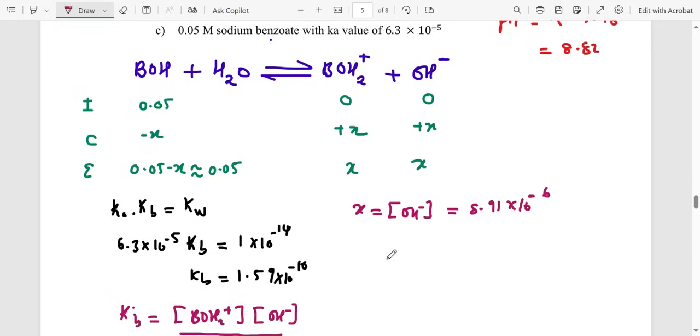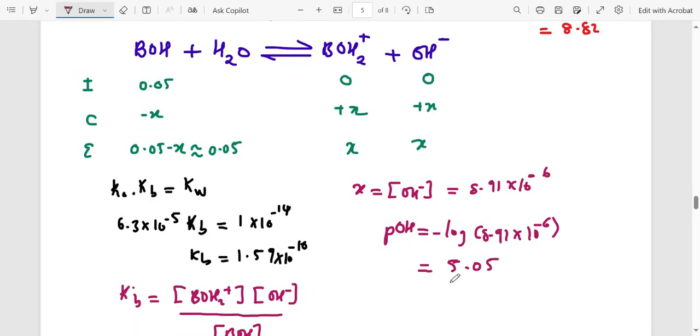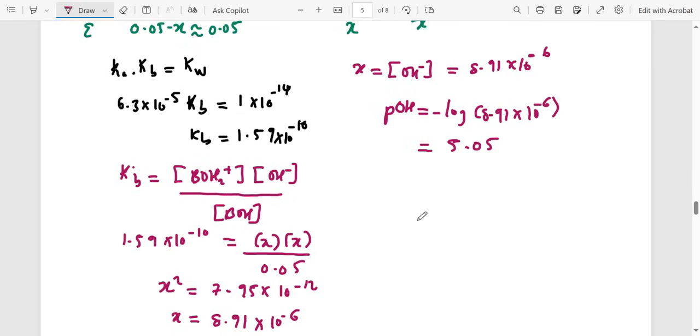Therefore, we are going to calculate the pOH, which is equal to negative log of 8.91 times 10 to the power negative 6, and that is going to give us 5.05. The question is asking us to calculate the pH. Therefore, because we already know the pOH, we use that formula.